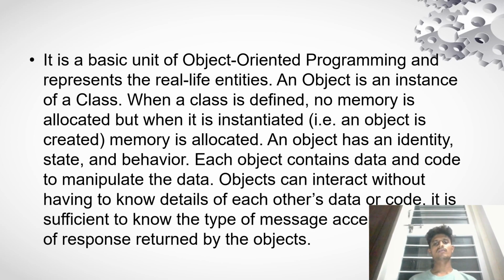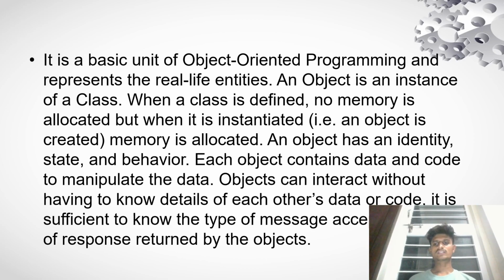It means that when we create a class, the compiler does not give any memory to the class, but when we create an object, the computer allocates memory to it.